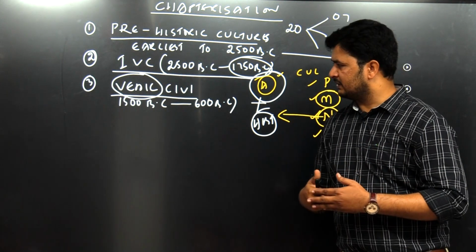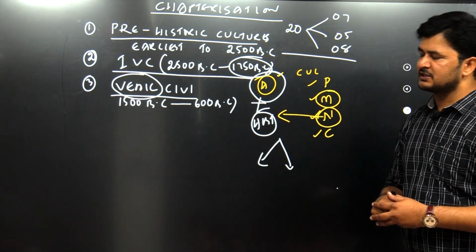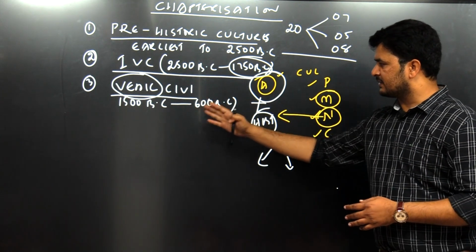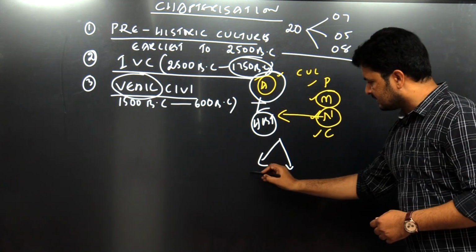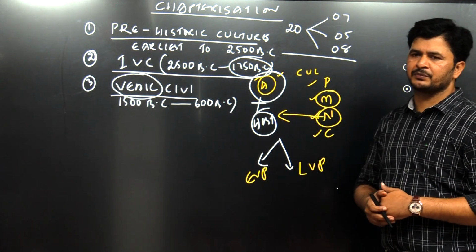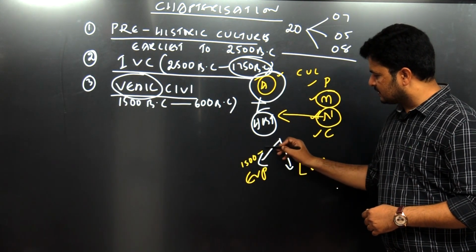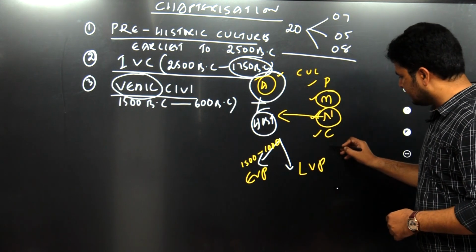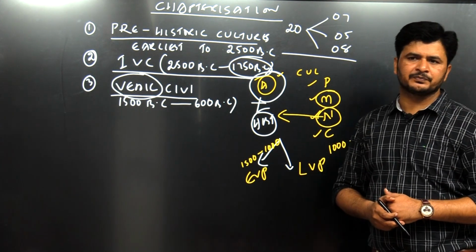And for our convenience, we are going to divide the span of Vedic civilization, 1500 BC to 600 BC, into two phases, that is early Vedic period and later Vedic period. The span of early Vedic period is 1500 BC to 1000 BC, whereas later Vedic period is 1000 BC to 600 BC.